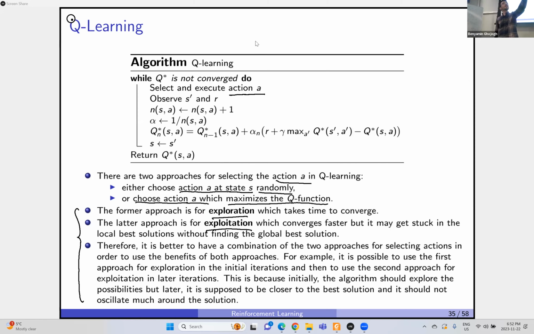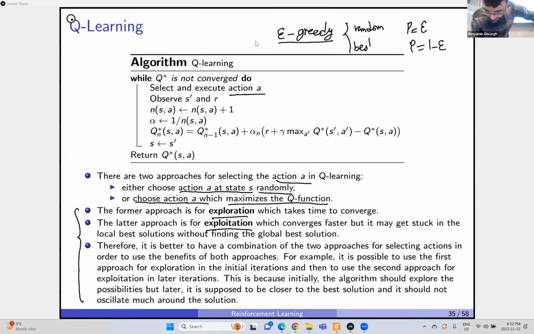Something that I didn't say in the previous session was this. There is an algorithm named epsilon greedy, which takes a random action with probability epsilon. With probability 1 minus epsilon, it does the best action.